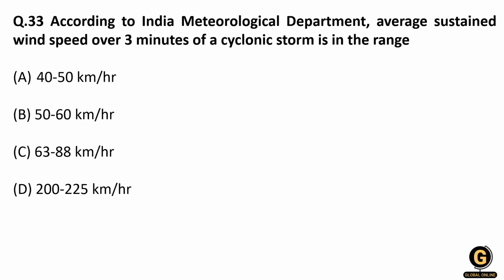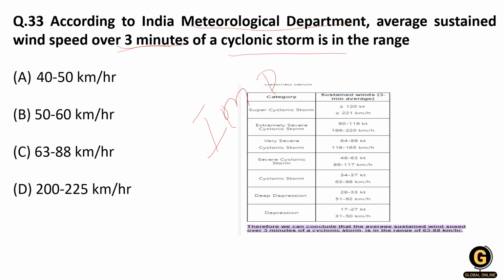According to the Indian Meteorological Department, IMD, the average sustained speed over 3 minutes of a cyclonic storm is in the range. The IMD, situated in New Delhi, gives a particular range of wind speed over 3 minutes, and based on that we can decide what type of cyclonic storm it is. This is the chart that you can remember, but you don't have to remember everything. The highest wind speed is for a super cyclone, which is 221, and the lowest wind speed is called depression, at 31 to 50.